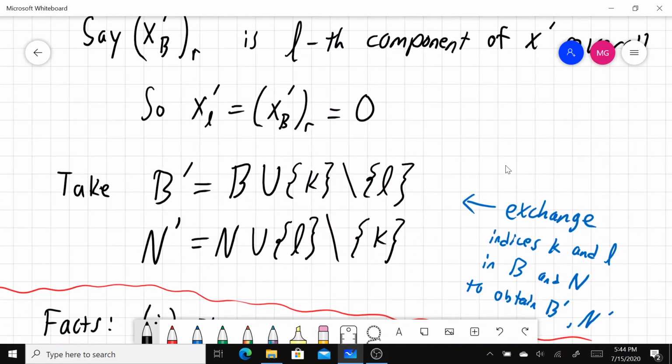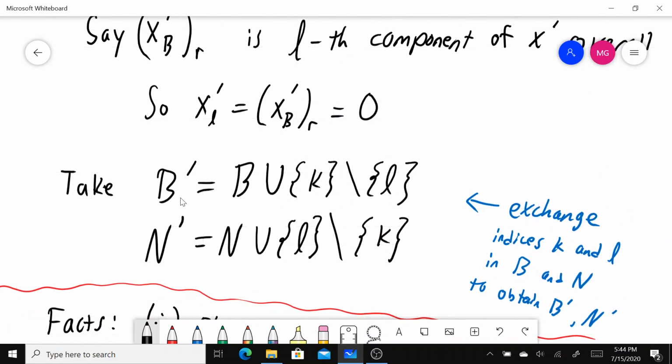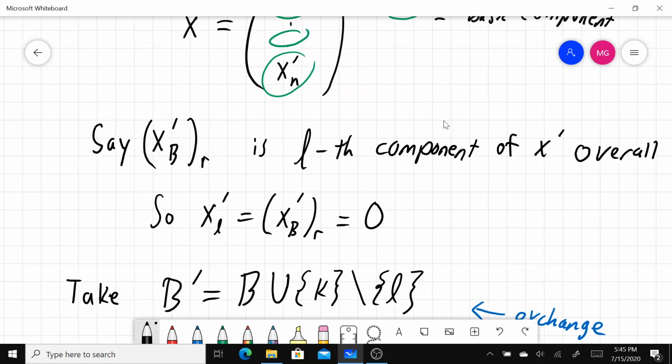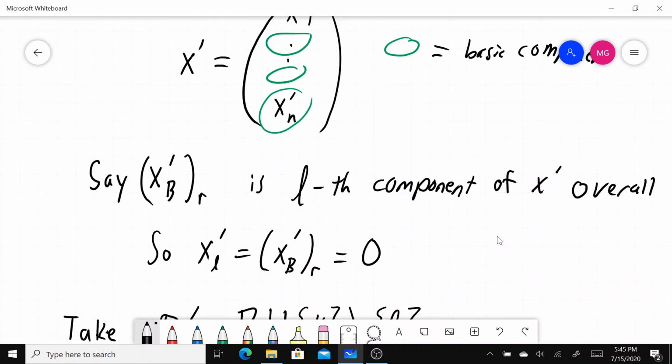And then the way this works, to get the new basis b prime, it's a lot like the old basis. It is the old basis, except that you add in index k and you take out index l. So index l was part of the basis before, by definition of what L was. It was the rth basic component.